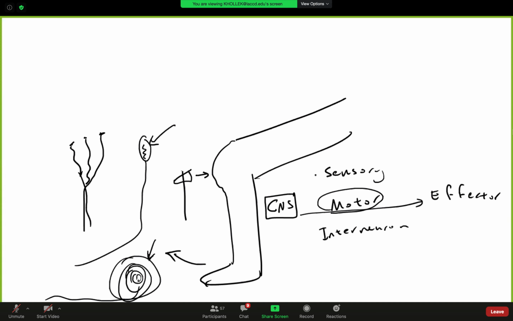Sensory neuron taking information to the CNS, all right, and the interneuron happen to be within the CNS, whether it's within the spinal cord or within the brain. It just transmits the signal from one area of CNS to another area of the CNS. So that's the idea about that.